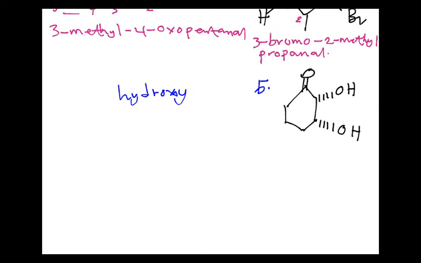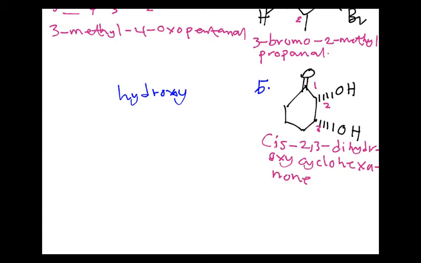Over here we have the 2 hydroxy groups pointing away, that is the dash, that means they are pointing away, so it is a cis orientation, so this is cis, and then we have the numbering starting from the ketone, so we have a 1, 2, 3, so cis-2,3-dihydroxy, which means there are 2 hydroxy groups, cyclohexanone. Cis-2,3-dihydroxycyclohexanone.